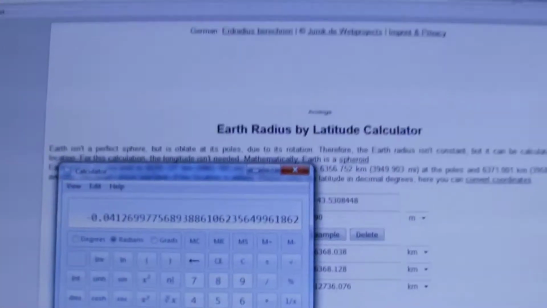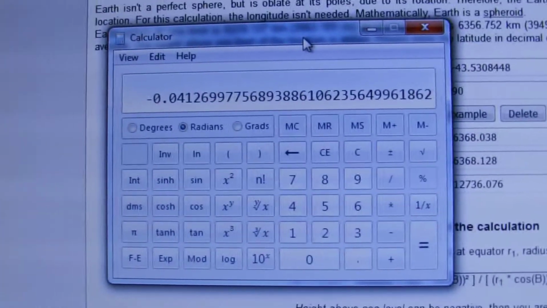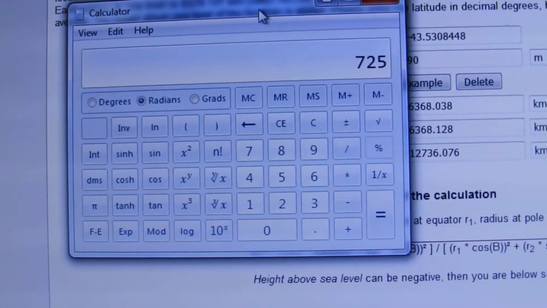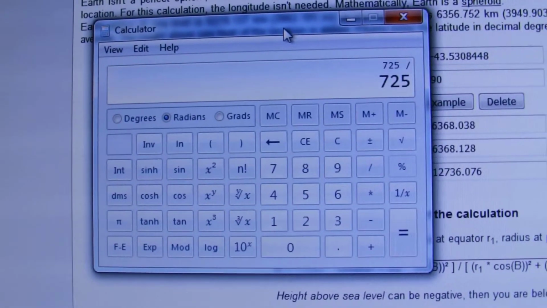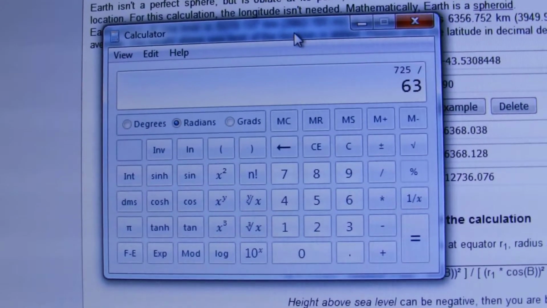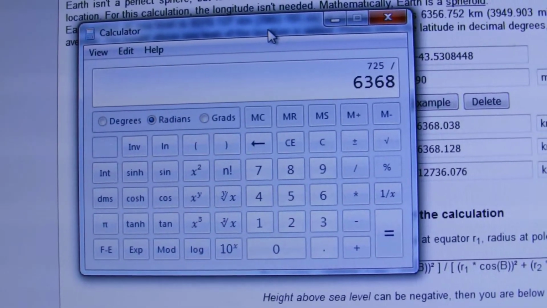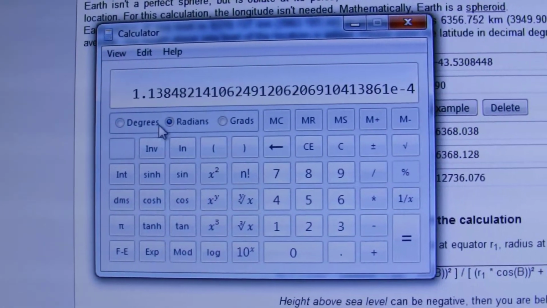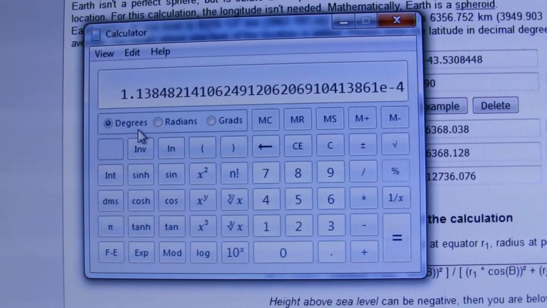And that angle, by the way, if you want that angle in degrees, 725, I think that was it, divided by 6368128 is that number. Put in degrees, not that it makes much difference here.